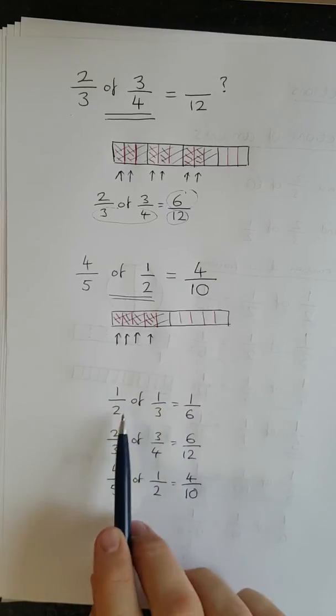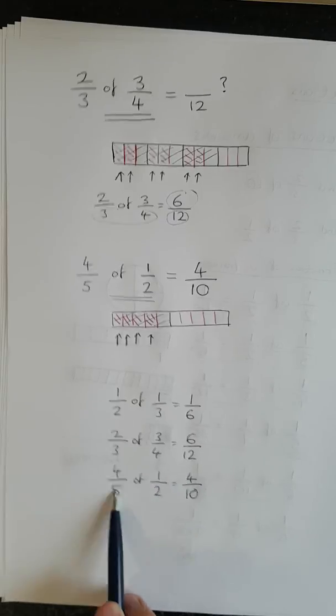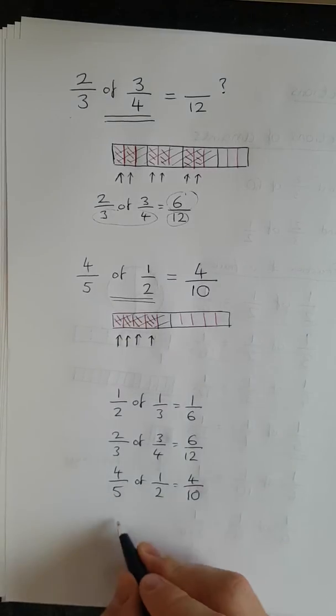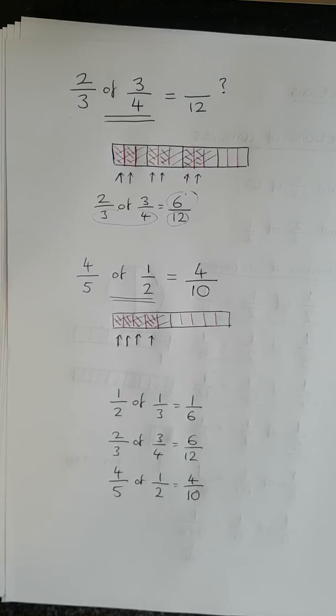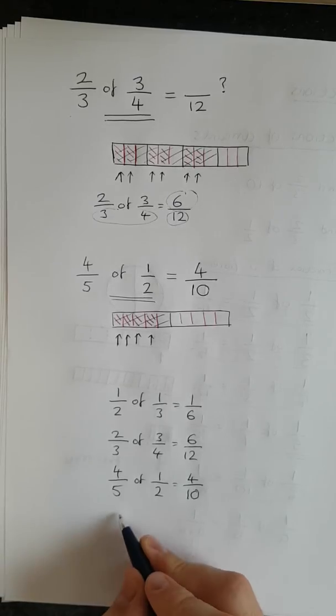Look along the numbers. Can you spot anything? Hopefully, you've seen that the numerators appear to be multiplied. Same as earlier, we saw the denominators are multiplied. So we do have a pattern.